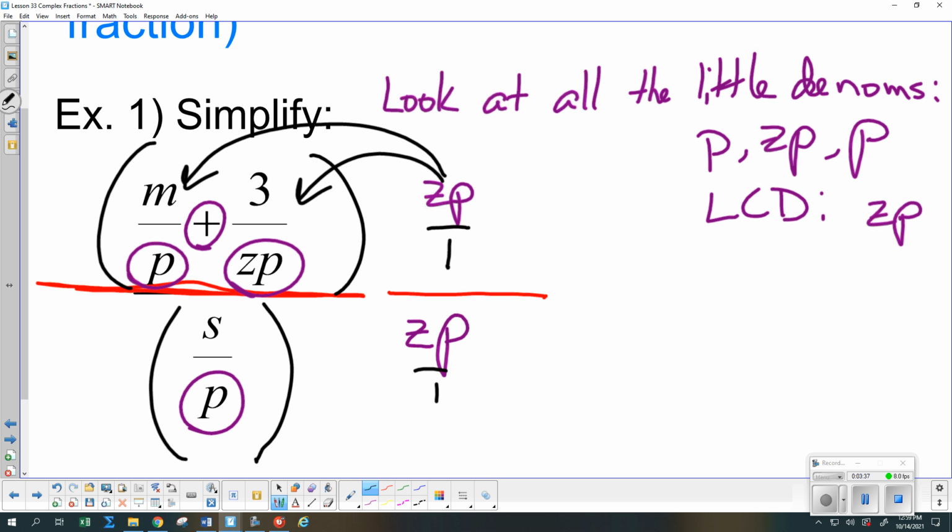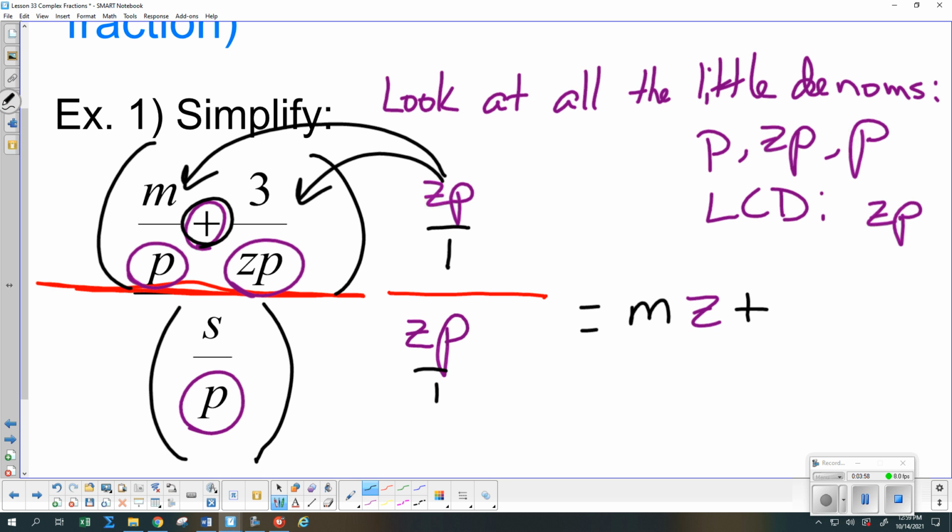So when I first take ZP times the M over the P, do you see that the P's will cancel? That will leave me the original M that I had, the P's cancel, and I still have the Z. Then I need to finish the numerator, so I've still got the plus.